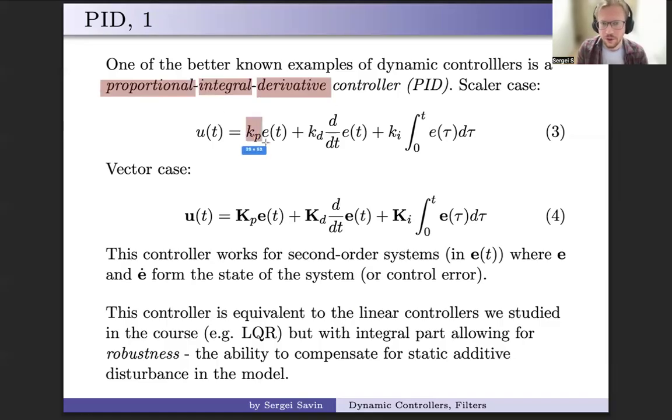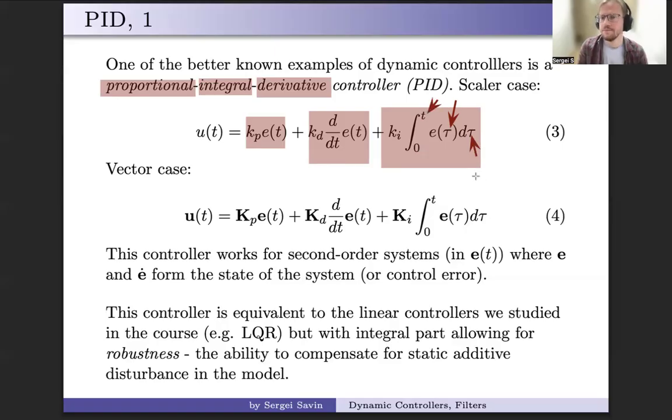So here is the proportional part. That is a scalar case, right? So Kp is proportional to the error E. Here's the derivative part. Kd is proportional to the derivative of the error E. Here's the integral part. The output is proportional, Ki, to the integral of the error E. Notice that we use this standard trick where we put E of tau d tau from 0 to t.